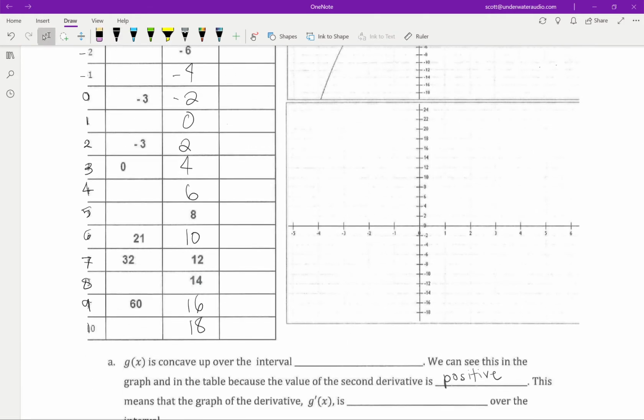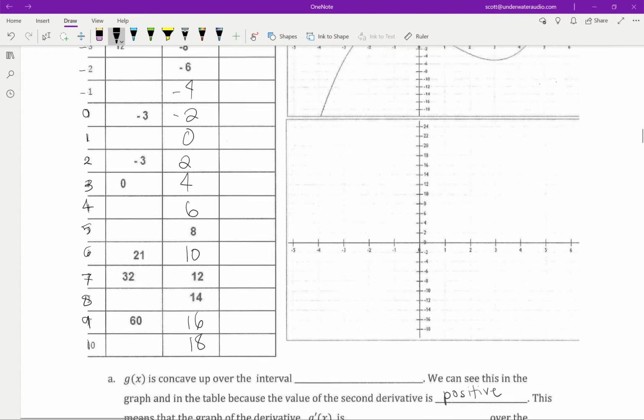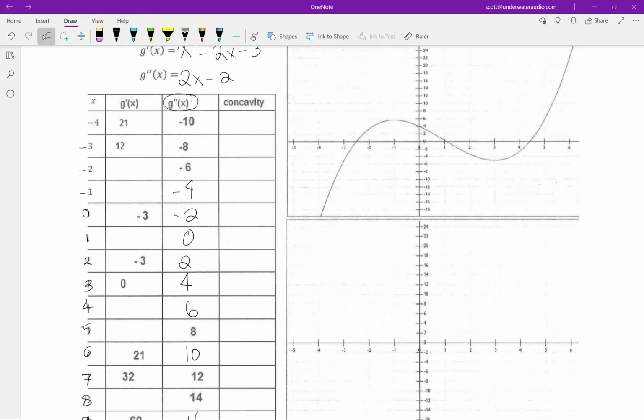So just to reiterate, this 10 is telling me that if I plug in 10 into my derivative, I get 18 out. So I know that has something to do with concavity. We'll talk about it more in a second. Actually, let's do it now. If you take the second derivative and you plug something in and you get something negative, that means it's concave down. So all these values are concave down until here.